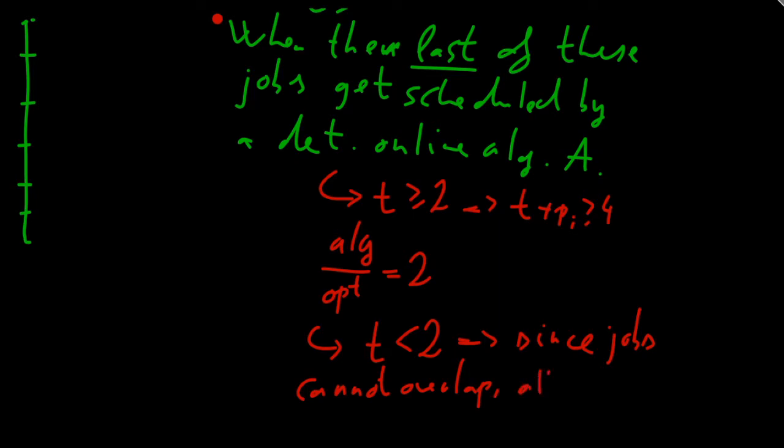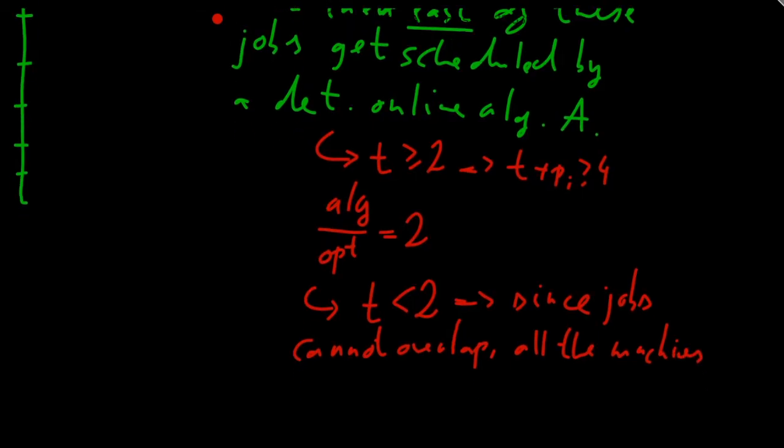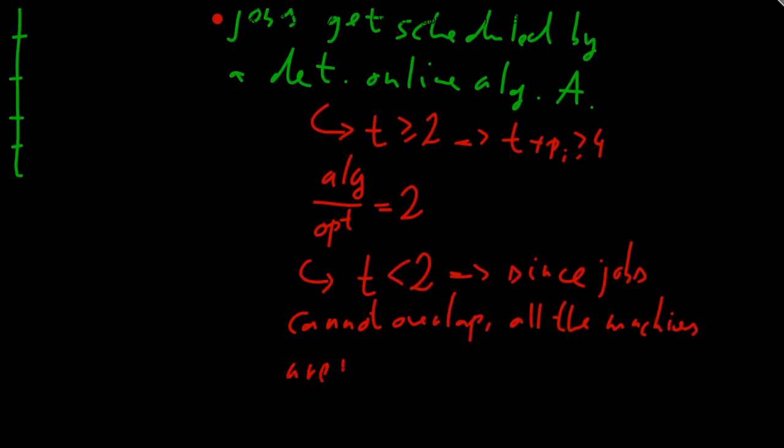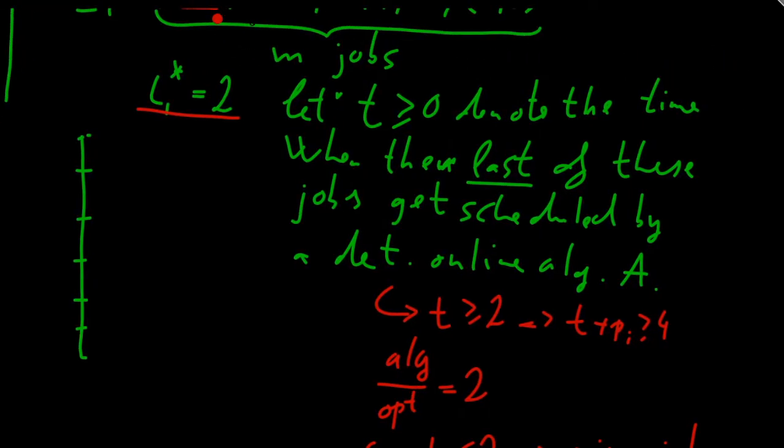This means that all the machines are working at time point T. So I'm just drawing this here. So for example, it's possible that one of the jobs gets scheduled here and the other job is also scheduled here, and then one of these jobs gets scheduled there, and at this very same time this job gets scheduled there, and so on.